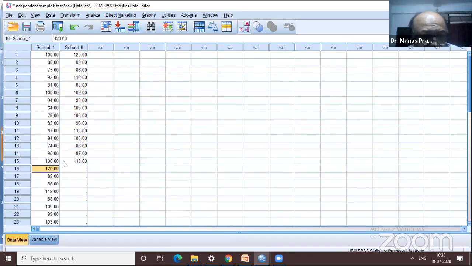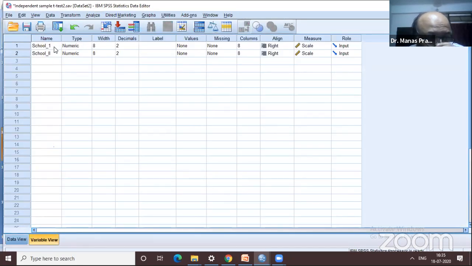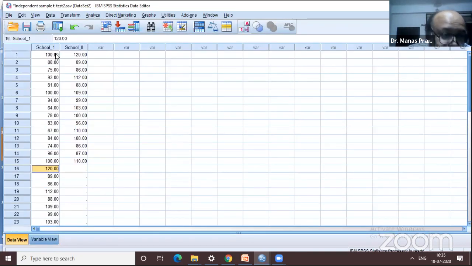And I have to construct a new variable. So this is school 1, school 2, and the new variable is supposed to identify them. We know that from 1 to 15, these are the marks of school 1, and from 16 to 30, the marks of school 2. But SPSS does not know this, so I need to create one variable.